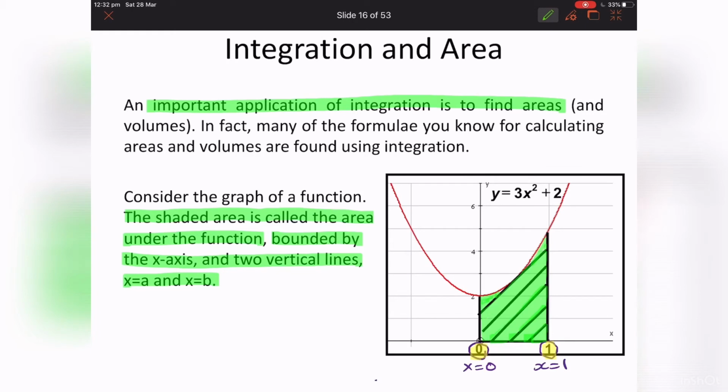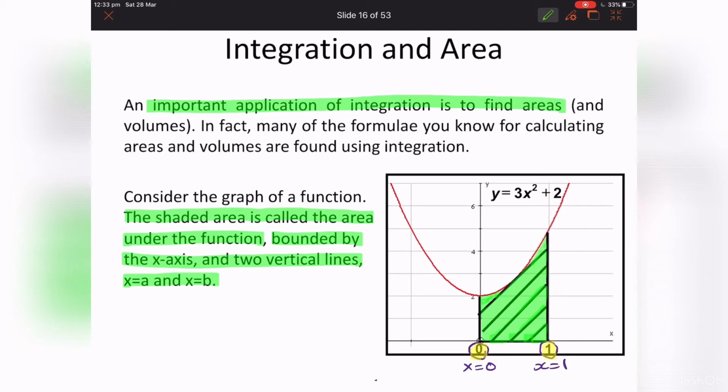Integration and area. The important application of integration is to find areas and volumes as well. In fact, many of the formulas that we know for calculating area and volumes are found using integration. So consider the graph here in this slide. The green shaded area is under the curve, the red function curve here.